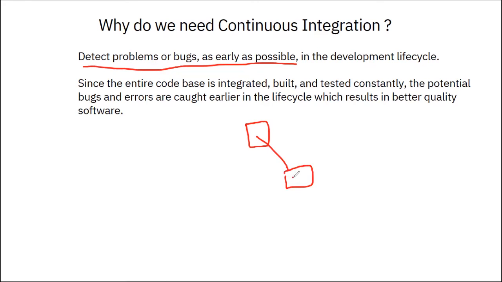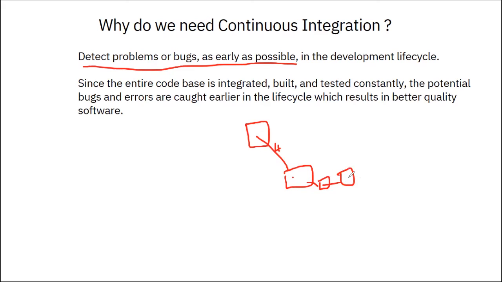The moment you integrate it, it will automatically start checking. You need to schedule it, right? Say you schedule every 4 hours, so every 4 hours it will come and see, is there any change? If there is a change, start. What to start? You already defined what to do.